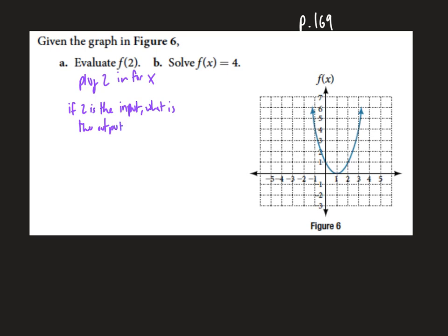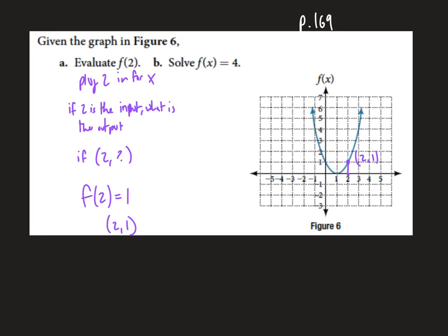Or probably best here, if 2 is the x coordinate, what is the y coordinate? I'll go to where x is 2, and where I hit the graph, and see what the coordinates at that point are. That'd be 2, 1. So f of 2 is 1, because 2, 1 is a point on the graph.